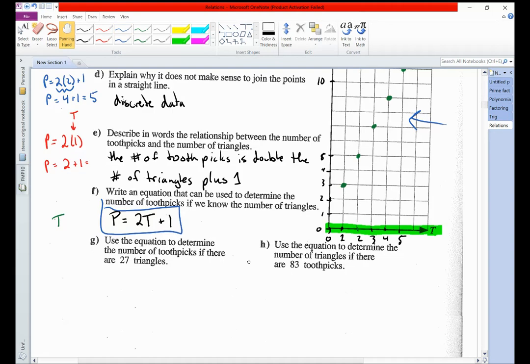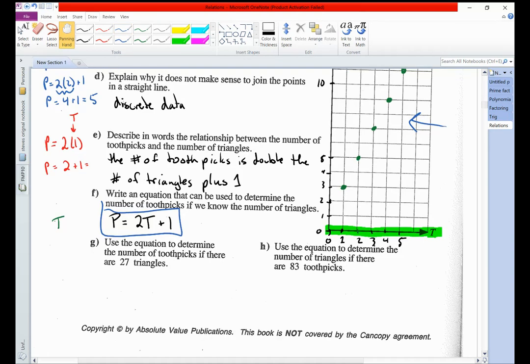So now that we have an equation, we can use it. It says use the equation to determine the number of toothpicks if there are 27 triangles.